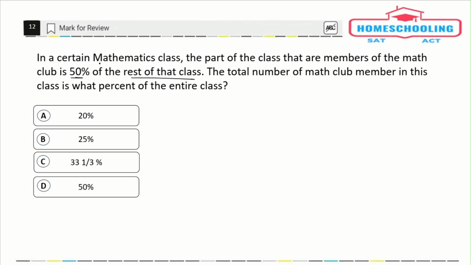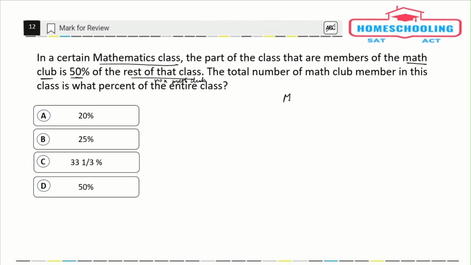So there is a mathematics class in which there are two types of people: one belongs to the maths club, and the others are the rest of the class, or non-maths club members. We have to find the total number of maths club members is what percentage of the entire class.